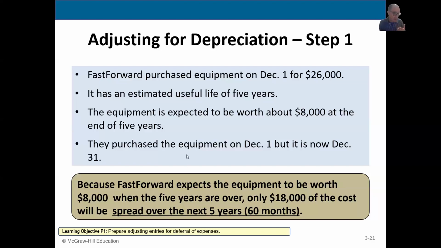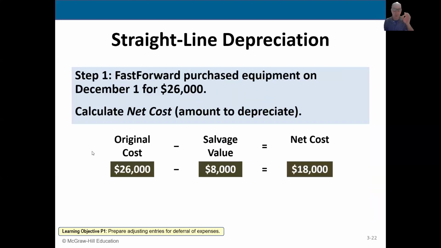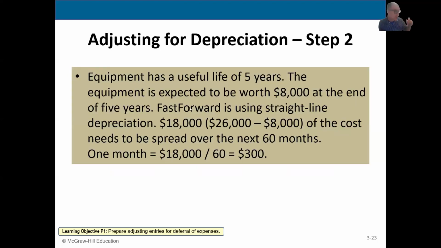So, in thinking about depreciation, understanding what had happened: we bought it for $26,000. It has a salvage value of $8,000. That leaves us a total net cost of $18,000. We divide that by the useful life, 5 years, which is 3,600.